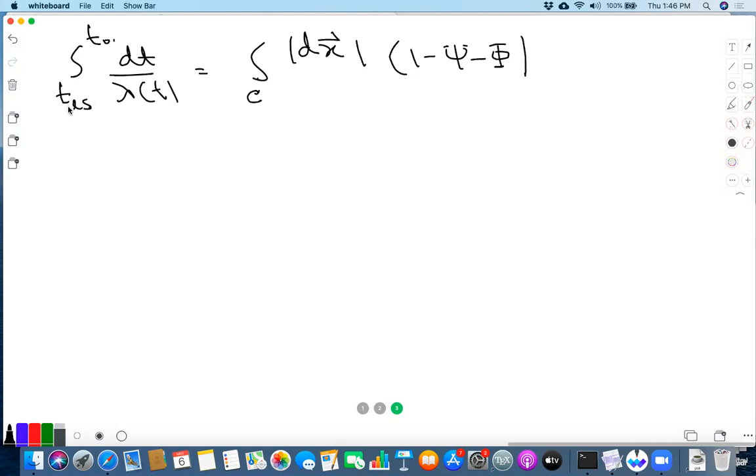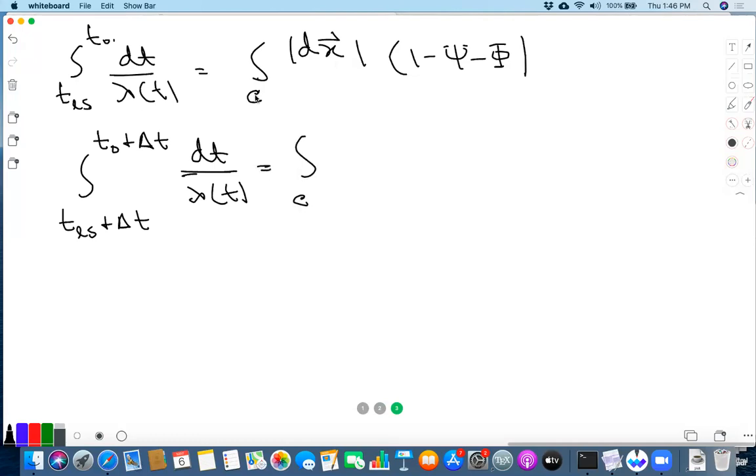Now, let's suppose that we have a signal that is emitted at t LS plus delta t, and it reaches us at t naught plus delta t. Because the null geodesic we have said is time independent, this integral remains unchanged.